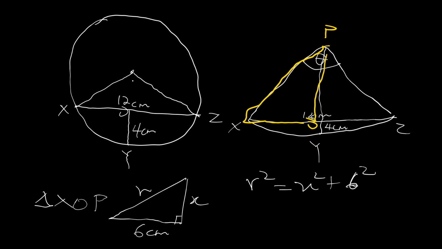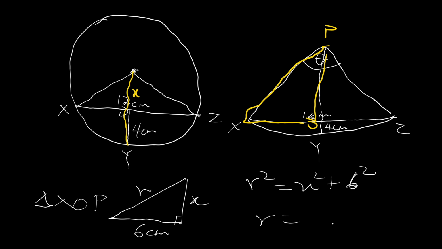Now the whole of this from here to here is R. Now the whole of this from here, which is the center of the circle, to Y is R. So we know that here to here is R, and just here is X. So we can say that R is equal to X plus 4.